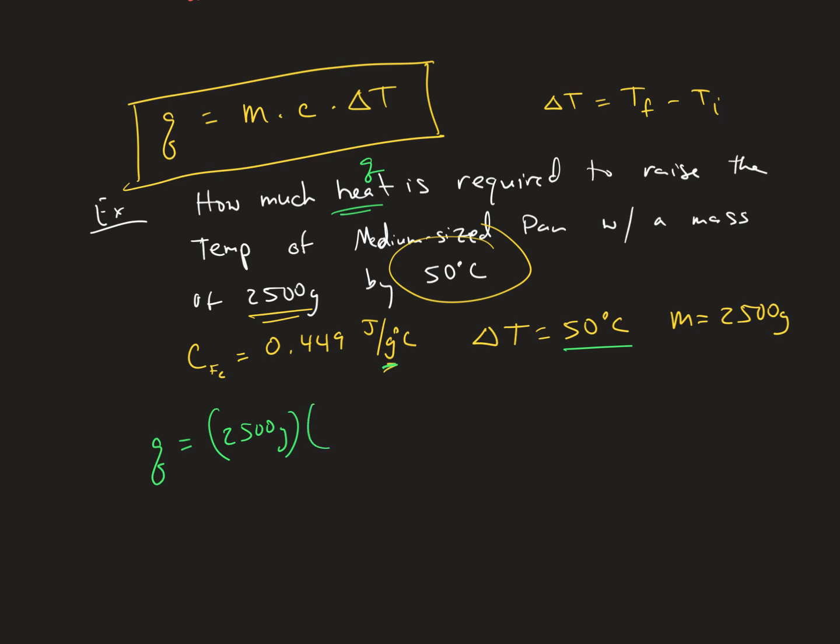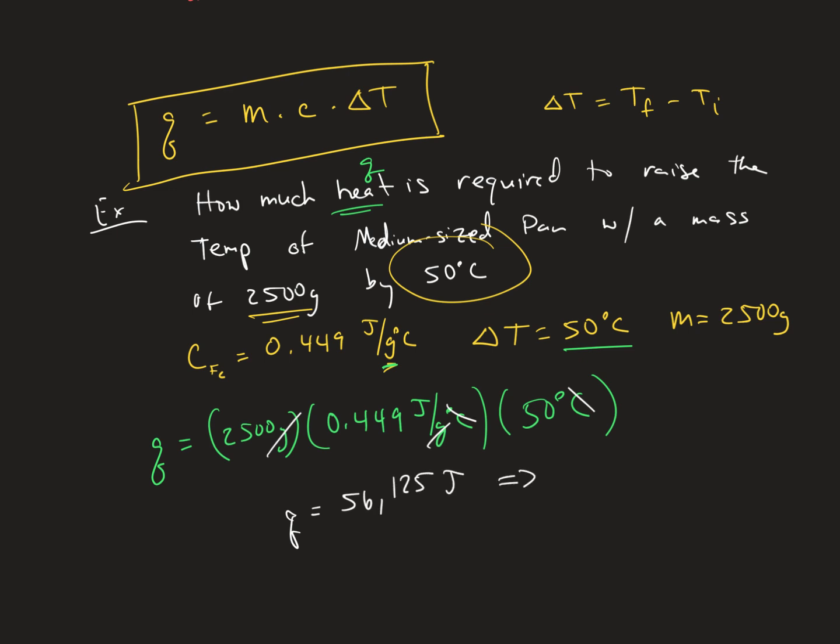Multiply specific heat capacity, 0.449 joules per gram degrees Celsius, times change in temperature, 50 degrees Celsius. Make sure that your units cancel appropriately, and we're left with joules. Good, that's what we're looking for, heat energy. And we get that our Q, our heat, is 56,125 joules, or we can rewrite that as 56.1 kilojoules.